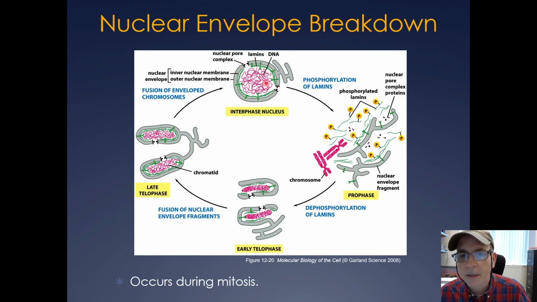and then you'll have your DNA, and then when the cell starts to divide and you get into prophase, the lamins become phosphorylated and the nuclear envelope starts to break down, the chromosomes condense, and then once you get through the metaphase to anaphase transition and you enter into early telophase, the chromosomes start to decondense and the nuclear envelope starts to reform, and eventually you'll end up with two individual nuclei with nuclear pore complexes in them.